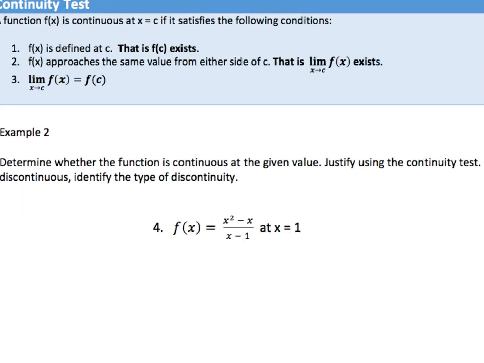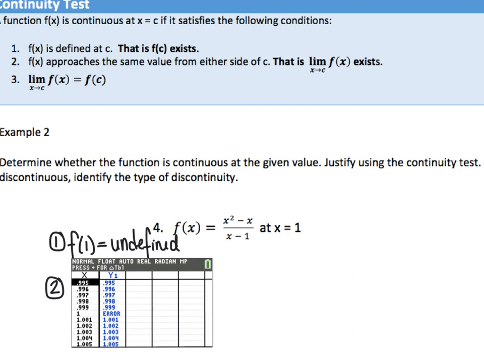This final one, you pause the video, see if you can check it, and determine the type of discontinuity, or tell me if it's continuous. So I plug in 1, and I get a divide by 0 error, so it's undefined. Secondly, I look at my table, and as I'm approaching 1 on the left, I appear to be approaching 1.